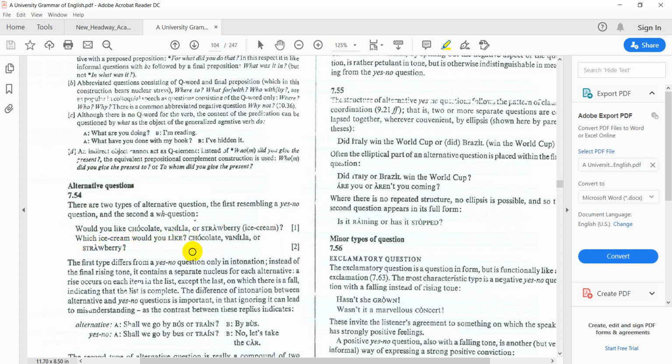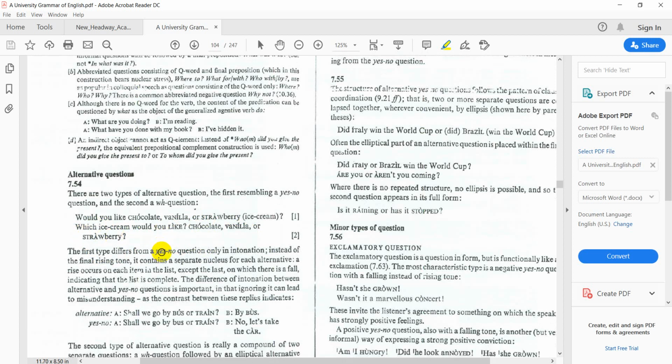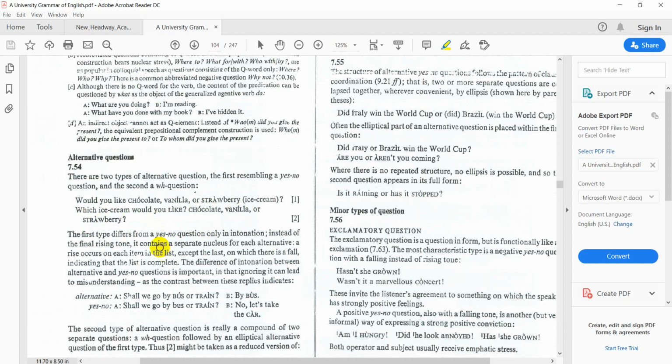Which ice cream would you like? Now I have to use rising intonation. Chocolate, vanilla, or strawberry. Here there is a falling tone. So I use which. Of course, the reply will be by choosing one of the options here.